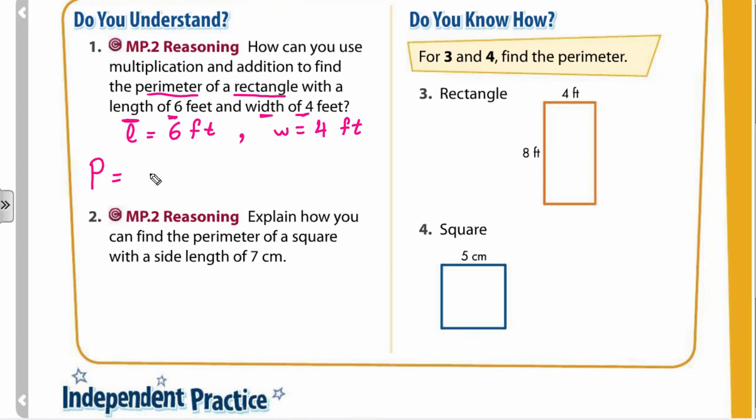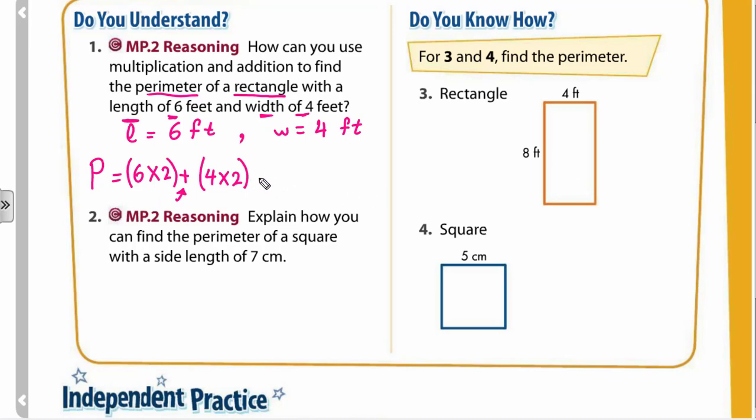And we need to add the products. So we will put this one in brackets and this one in brackets, and between them put plus.